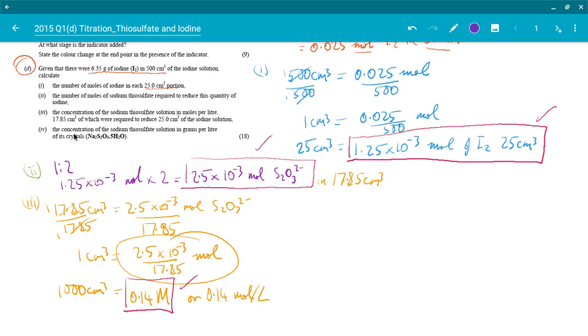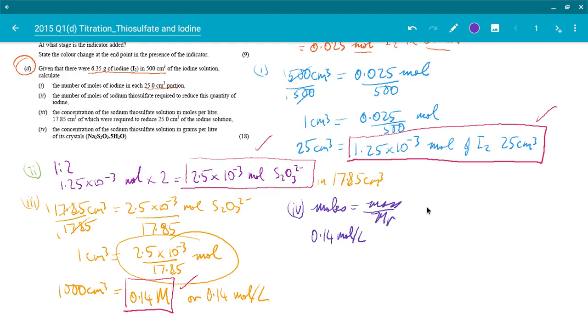Part 4, we need to get the concentration of the sodium thiosulfate solution in grams per litre. So we've got it in moles per litre, so we're going to use the formula that we used at the start, which is moles equals mass over relative molecular mass. And we've got it in moles, so we have 0.14 moles per litre.